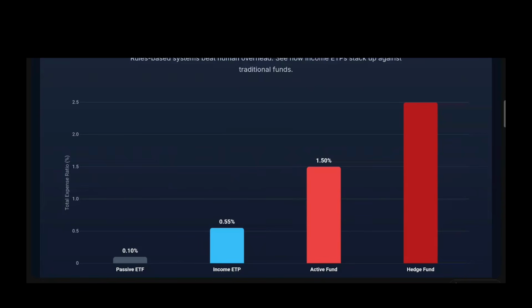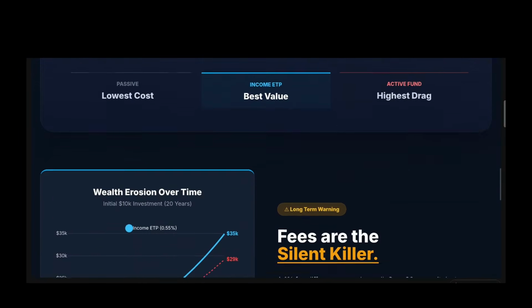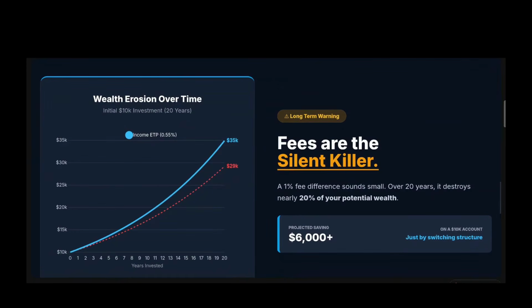If we were to look at this, starting off with, let's say, a 10K investment over a 20-year time horizon, we can actually see there's quite a drastic difference here. After the 20 years, you'd get 35K versus 29K. So the fees are almost a silent killer in a way.